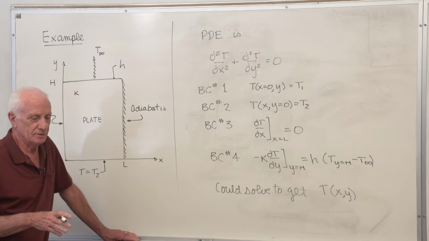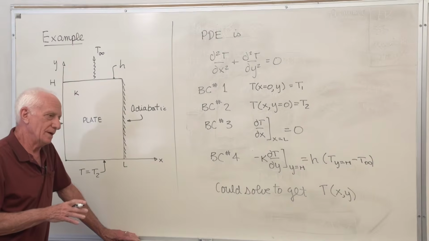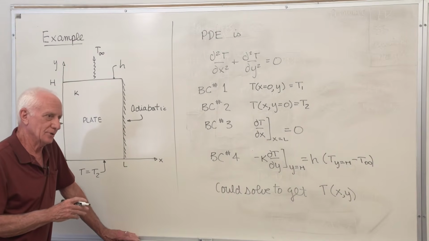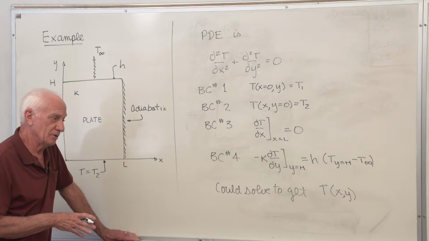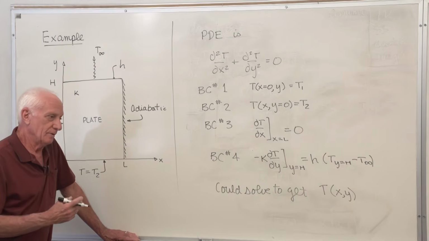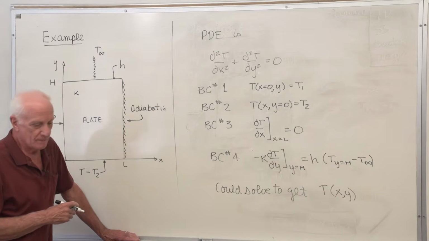But the first step is always to find the temperature distribution in conduction. We do that by going to the governing differential equation with the correct initial and boundary conditions. Once we get the temperature as a function of whatever it might be, x and y, maybe time, then we can use Fourier's law to get heat transfer at some point in the particular object.